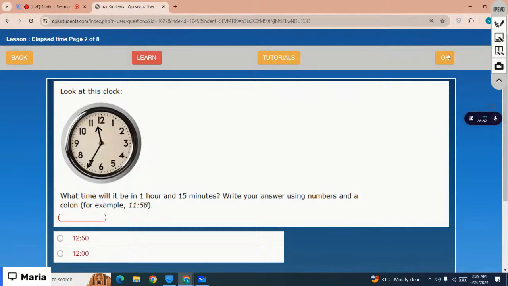The correct option is 12:50. It is option number 1. Got it?